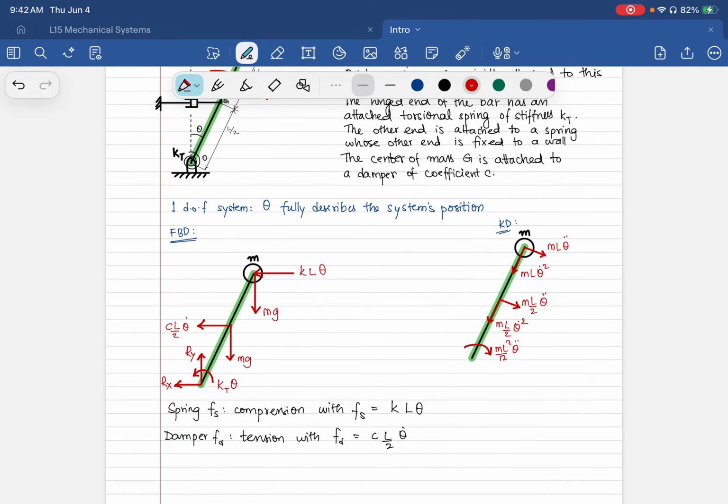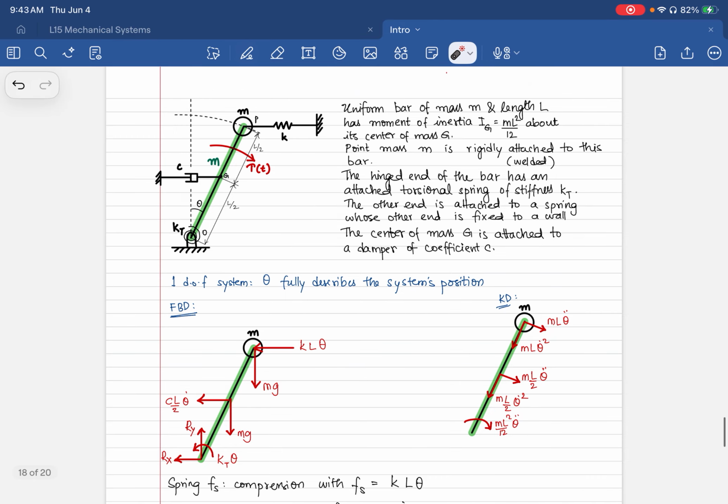Did we capture everything? Let's just go over it. This here is one rigid body. As it moves by theta, angular deflection, this will create a restoring torque. We captured that. This damper will have experienced a speed defined as L/2 theta dot and creates a force to resist that velocity.